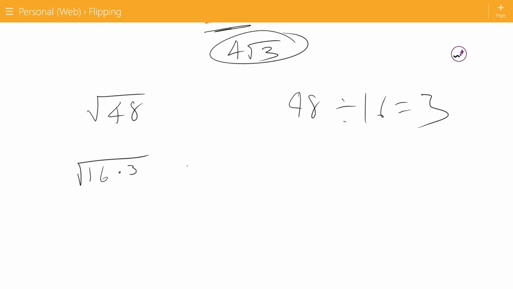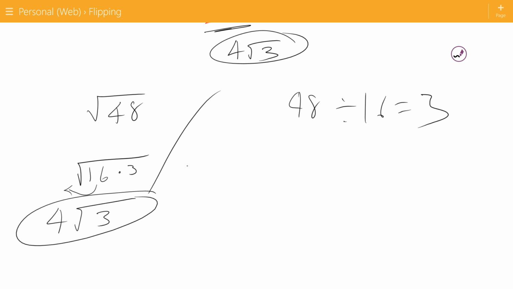And when I pull this out, that becomes 4 times the square root of 3. Same thing as I got the other way. If you find a bigger square, you can usually cut out a step or two and do it a little bit more simply. But if you want to look for the smaller squares too, you can do that. You'll just probably have to take more steps.